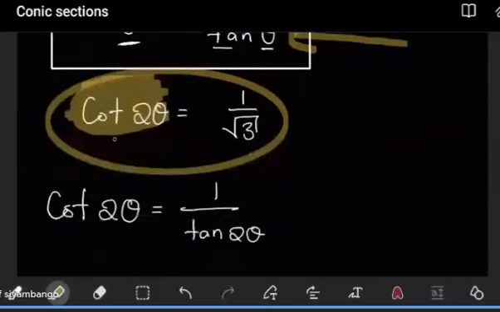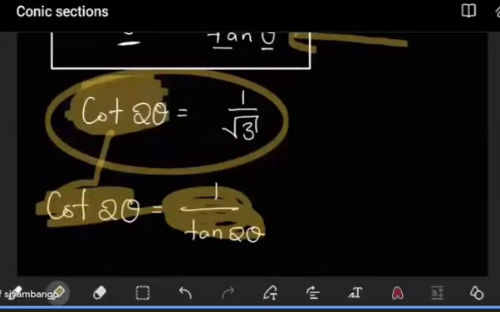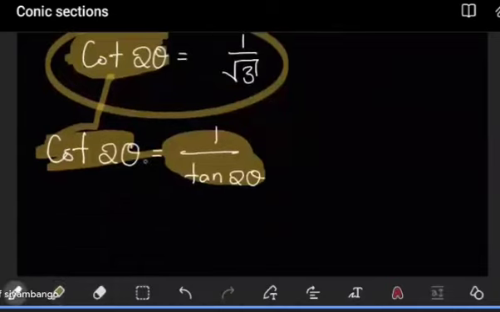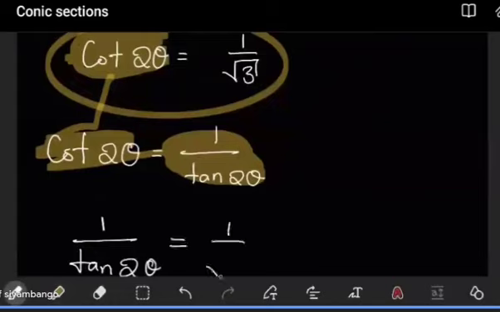So I say, okay, my left-hand side can be presented in this form. So on the left-hand side, now, instead of cot 2 theta, it's the same as me writing tan 2 theta on the left-hand side. But my right-hand side remains as 1 over root 3.